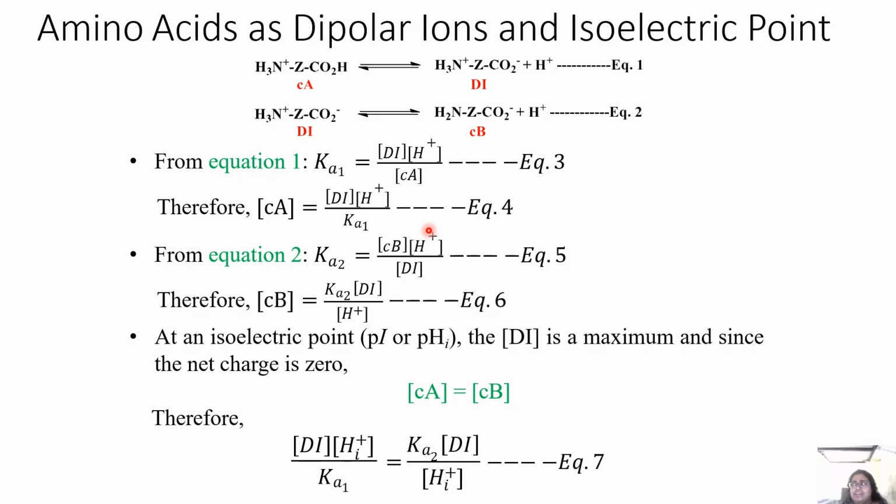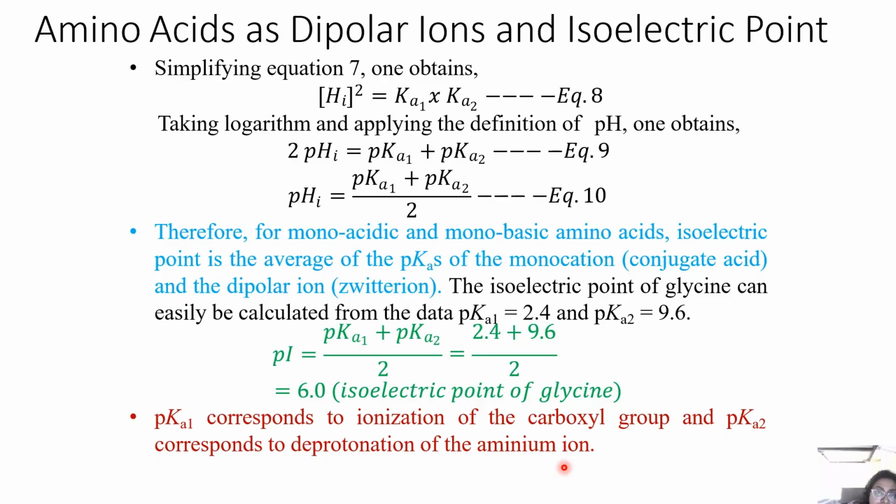At the isoelectric point, pI, the dipolar ion concentration is maximum, and since the net charge is zero, this is the equation that we come up with. Therefore, for monoacidic and monobasic amino acids, the isoelectric point is the average of the pKa values of the monocation and the dipolar ion that we can see over here.